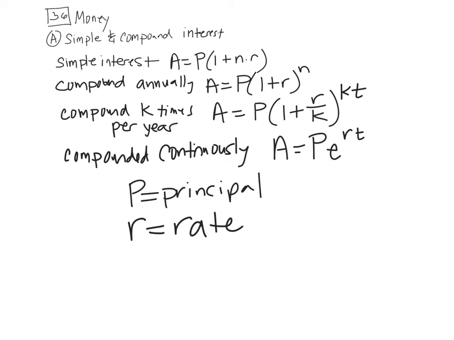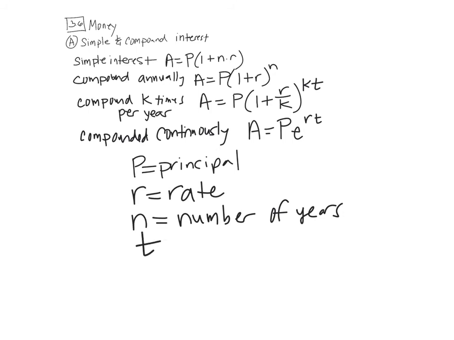If you can find a good rate, that's good. N is the number of years, and so is T. I don't know why they just wouldn't use that. Number of years, and T is also the number of years. Okay, and then K is the number of times per year.